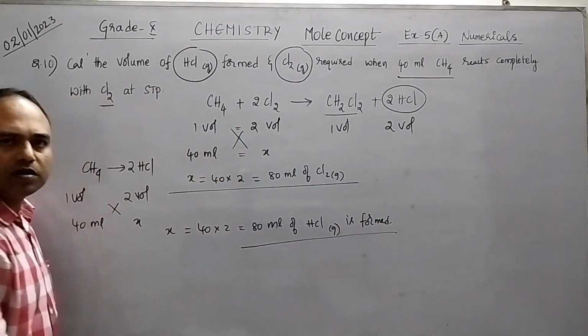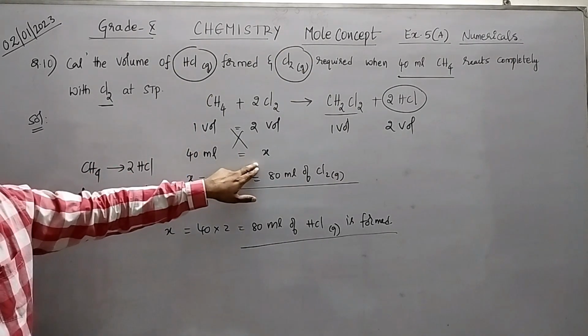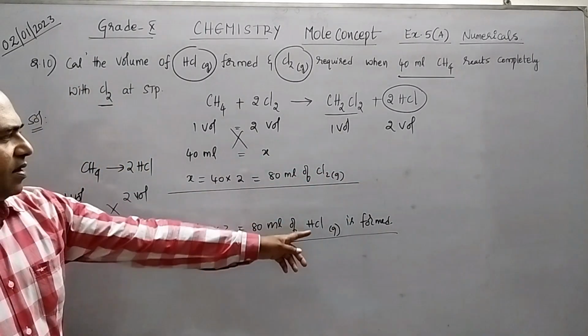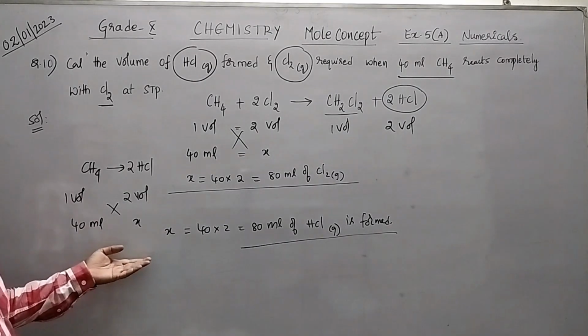Hope you have understood this. Very simple. To react with 40 ml of methane, you need 80 ml of chlorine, and we will get 80 ml of HCl. Let us hope you have understood this. Now let us move to question number 11.